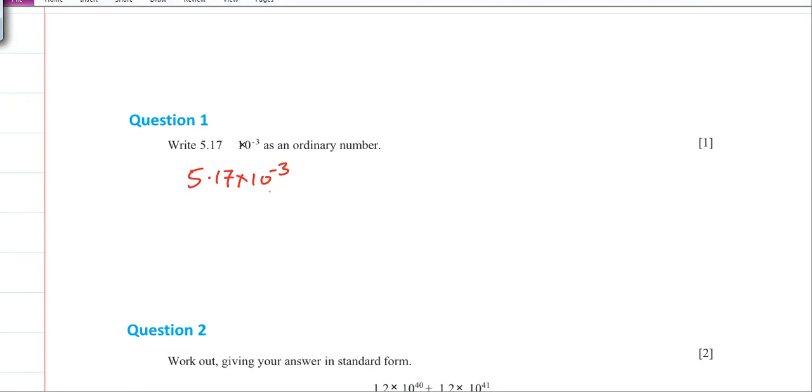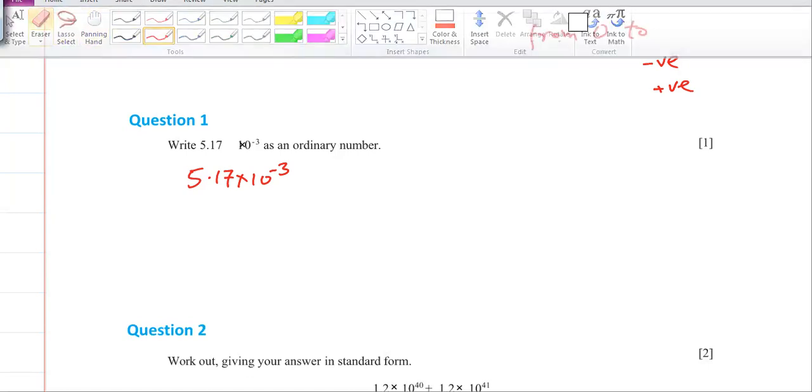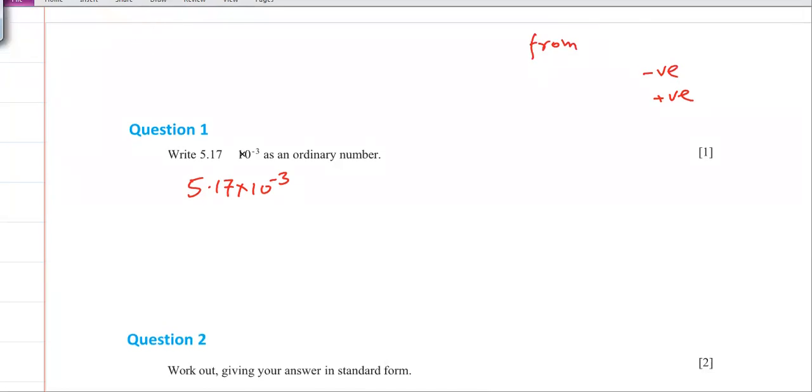Now you know very well, if you have standard form, in the standard form your power of 10 might be negative, or your power of 10 might be positive, because these are the two scenarios. What if your power of 10 is negative? Because we have to get rid of this power of 10, we always move the decimal point in the standard form. This is when you are converting from standard form to ordinary.